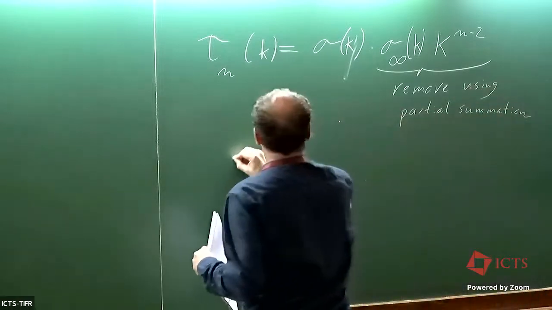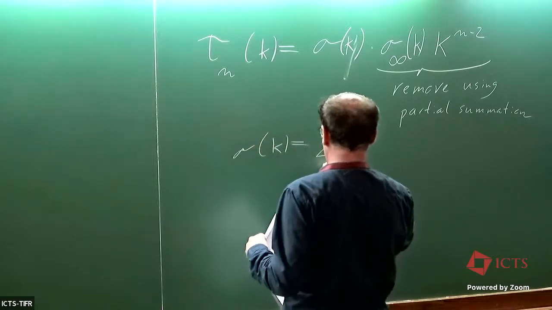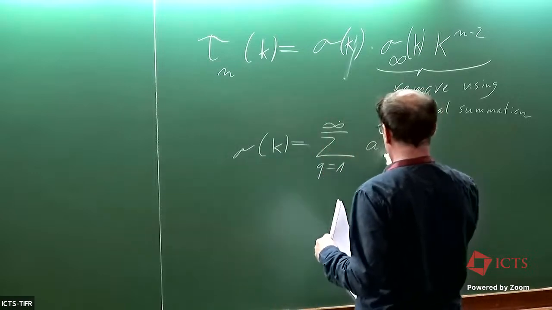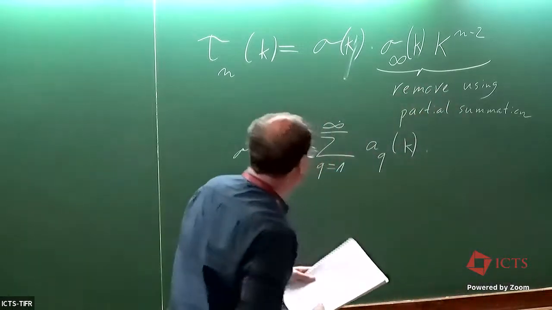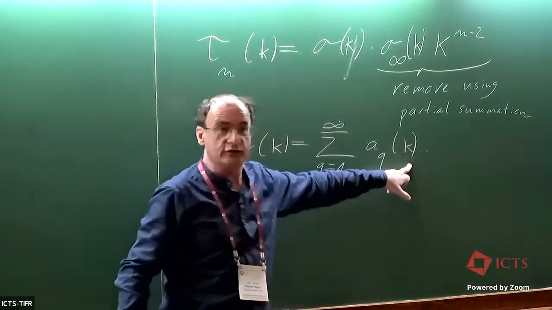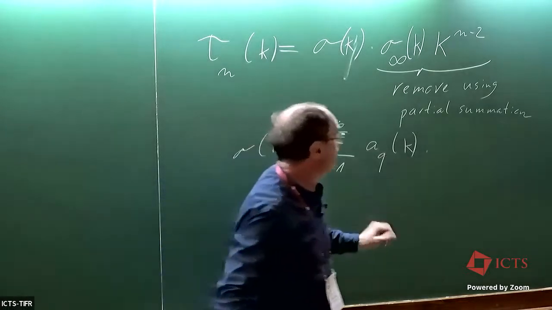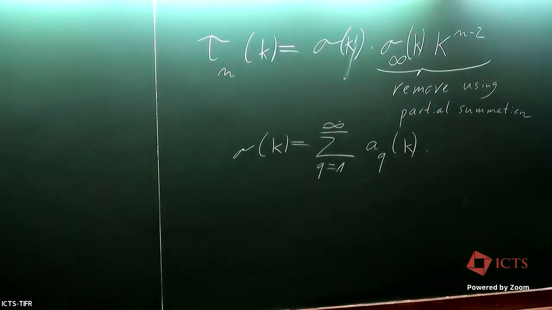And this singular series is a sum of that form, q equals 1 to infinity, a q k. Okay, and this depends just on the residue class of k modulo q here. So for that reason, we can write our expression in that form on that side.